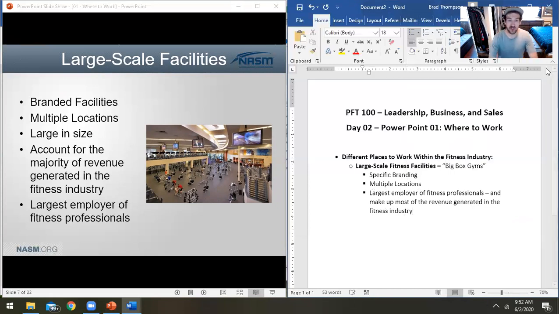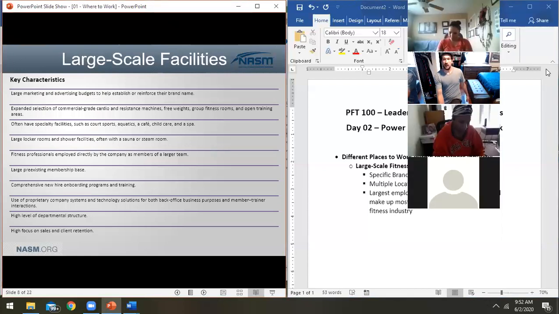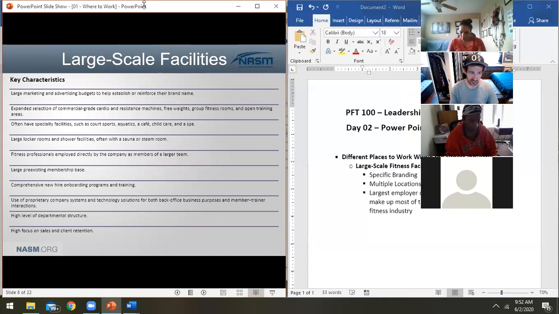And most of that revenue, by the way, is actually not from personal training. Personal training is a very small part of the revenue generated by most gyms. Most money generated by gyms is in membership dues. Most of the money is generated by how much they are earning passively from people who have a gym membership.